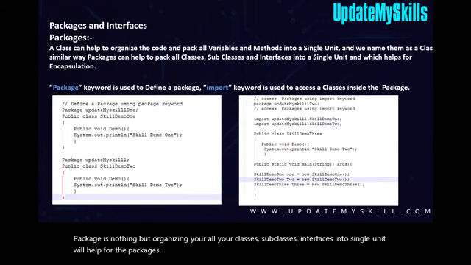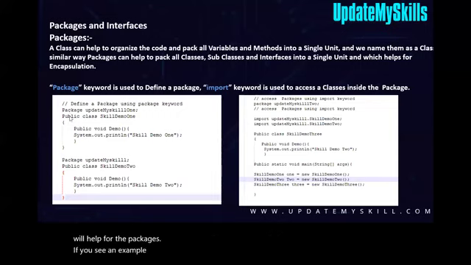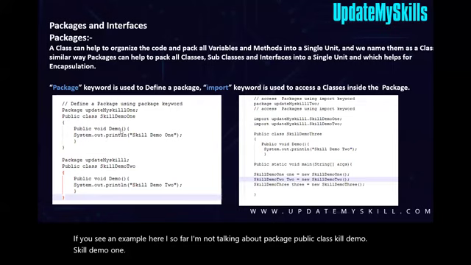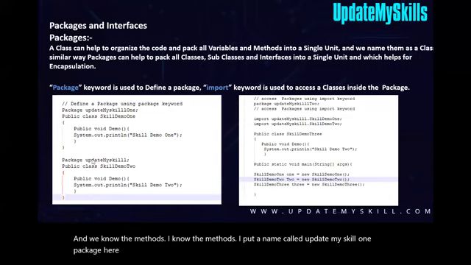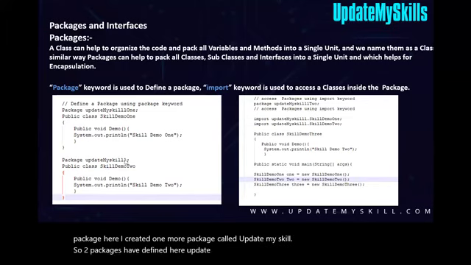If you see an example here, so far I have not talked about package. Public class skill demo 1. And we know the methods. I put a package name called update my skill 1. Here, I created one more package called update my skill. So two packages are defined here, update my skill 1 and update my skill.